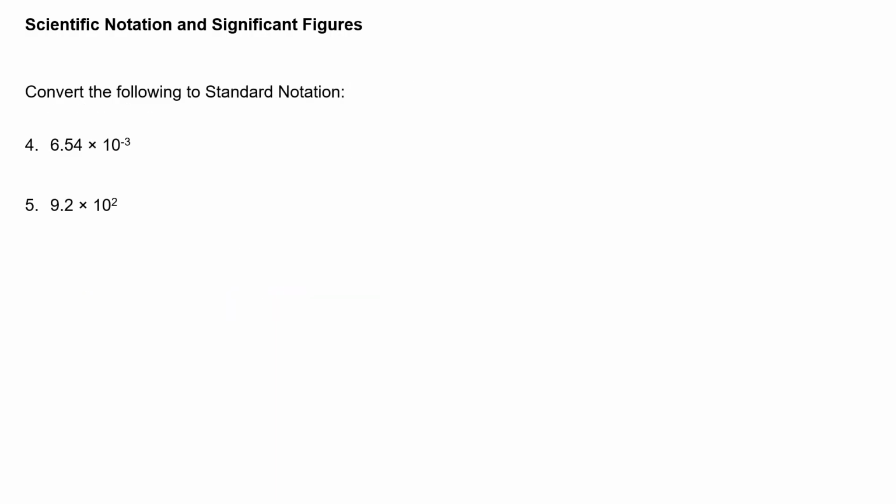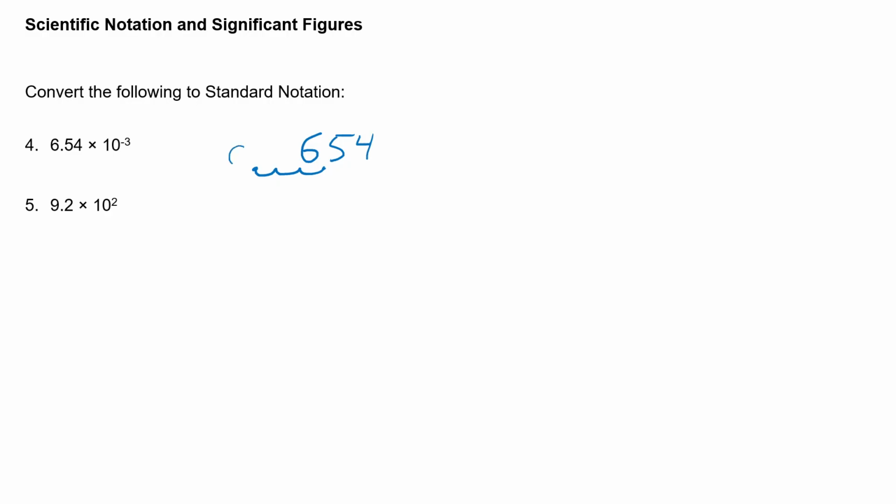Next, we want to convert some scientific numbers into standard notation. So 6.54 times 10 to the minus 3. We've got those numbers 6, 5, 4. Now, we start with the decimal here, 6.54. It's 10 to the negative 3. That means we want it to be a smaller number. And so we're going to move it 1, 2, 3 places.